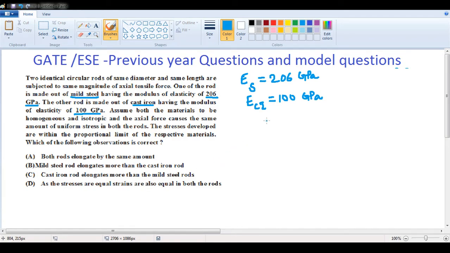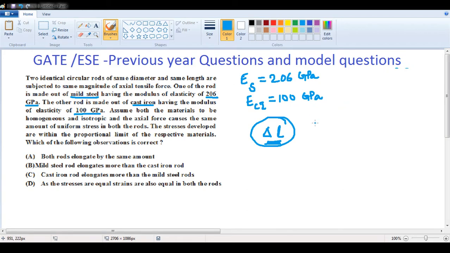If you see here, the discussion is about elongation, meaning change in length or extension. It may be longitudinal extension, it may be lateral extension. Since there is a discussion of the change in length, let us start again from the beginning. Two identical circular rods of same diameter.